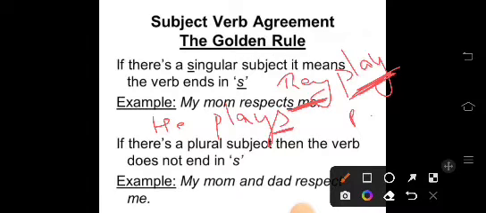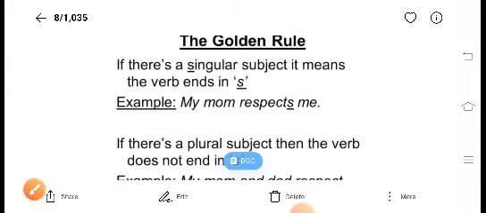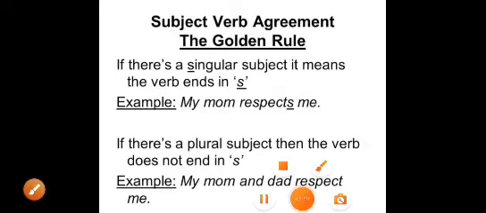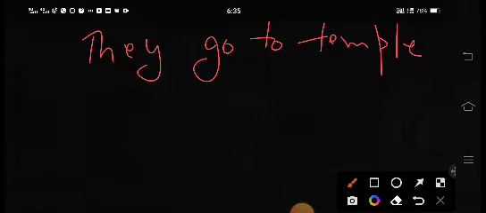Let me take a blank page over here. Okay, now look, the subject and verb relationship. If we have the plural subject like they go to temple, and taking another sentence, he goes to temple.